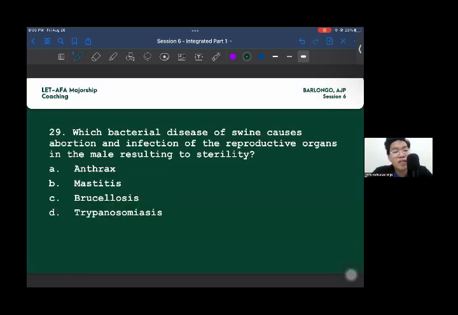Okay, so number 29. Which bacterial disease of swine causes abortion and infection of the reproductive organs in the male, resulting to sterility? So, these are technical terms or objective terms that you need to know. So, I hope that you are taking note of these diseases, pati yung mga kaninang na-discuss.